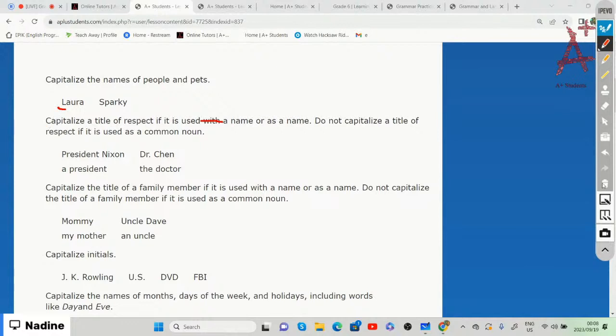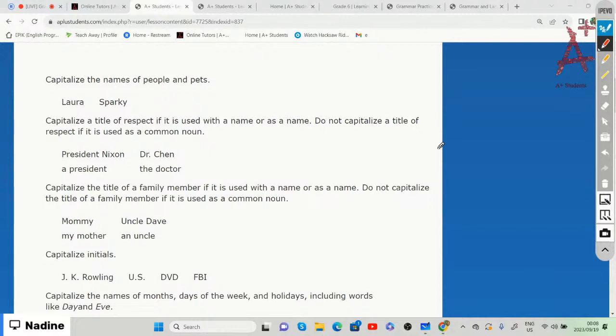Also, we need to capitalize titles of respect. For example, if you go to the doctor, if you're just randomly going to say that I'm going to see a doctor, then we don't capitalize it because you are generalizing.